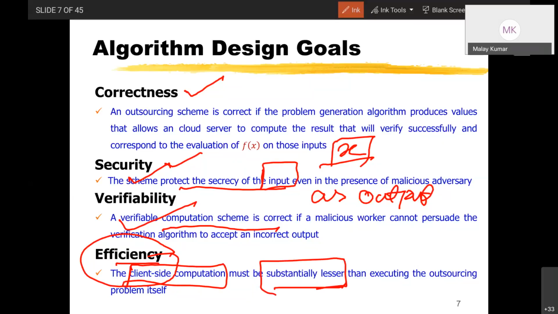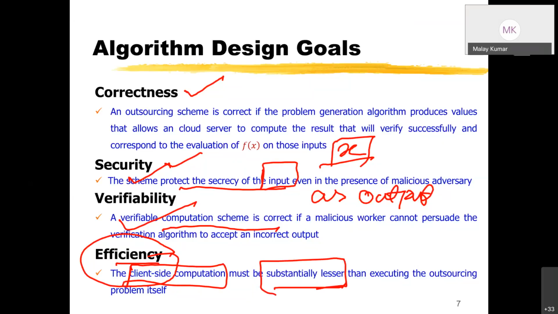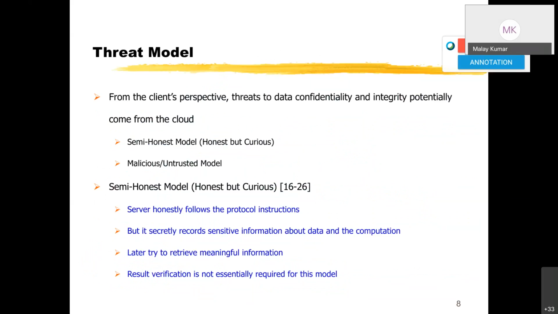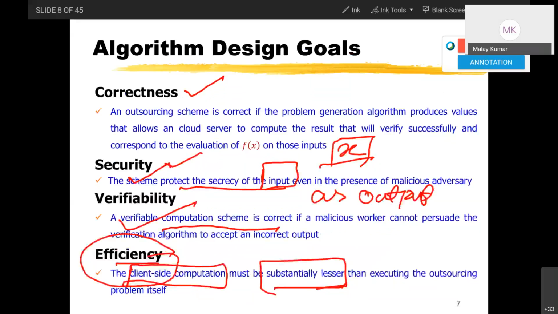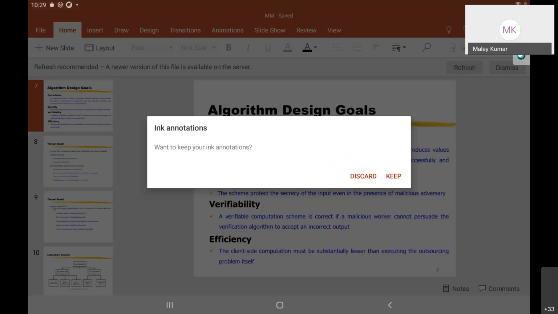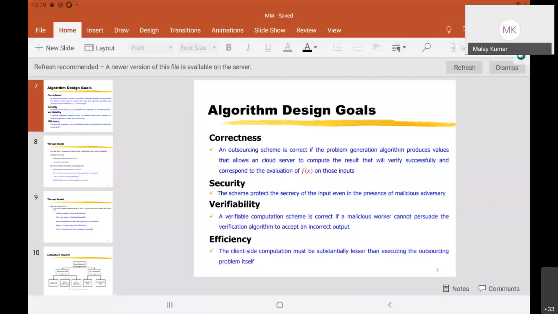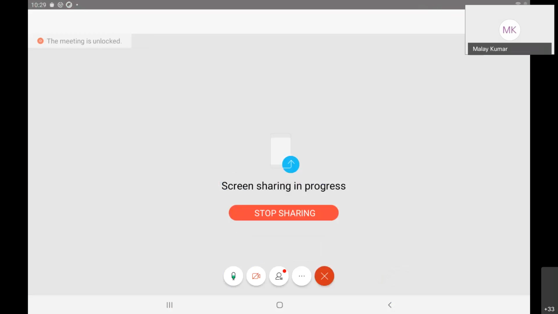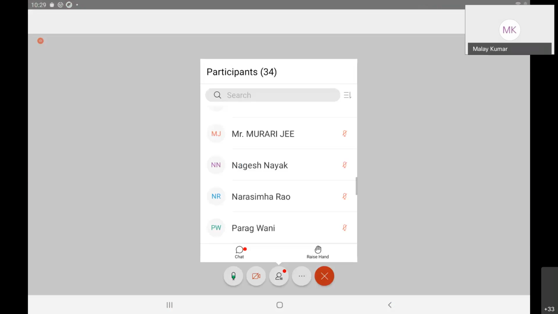So I hope now you are able to understand what is secure computation and what its design goals are.